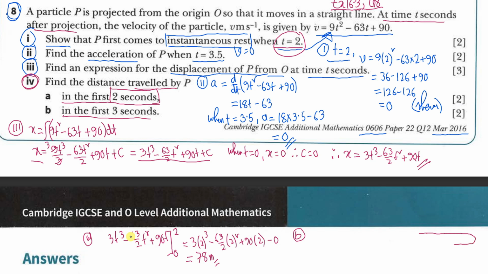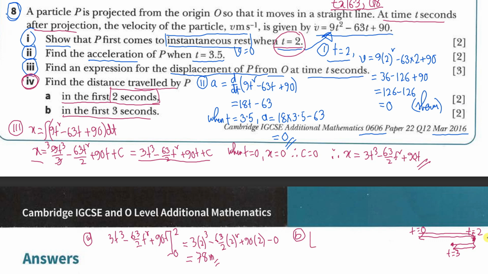Say it's like this: t equals 0 is here, at the moment when it is turning is t equals 2, and this is t equals 3. We know the distance from here to there is 78, and we have to add this value as well. Because it is going back, it would come out as a negative value.